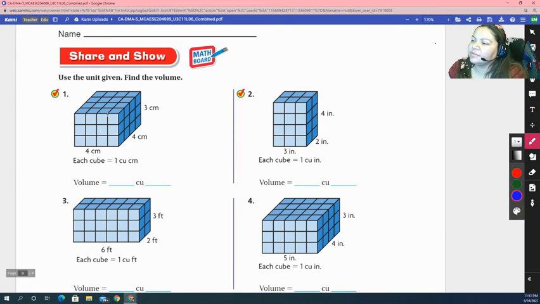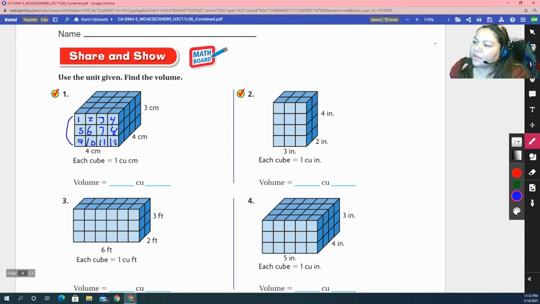And I'm going to write this here, 1, 2, 3, 4, 5, 6, 7, 8, 9, 10, 11, 12, so that you could see. And so this includes my height, right? Because I'm counting the 3 centimeters high, and I'm counting the 4 centimeters length.